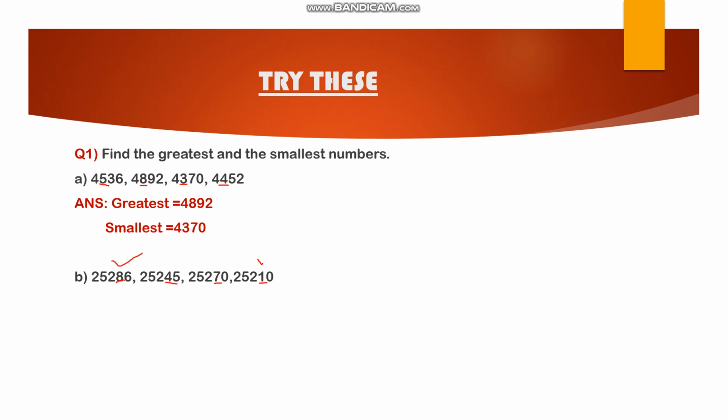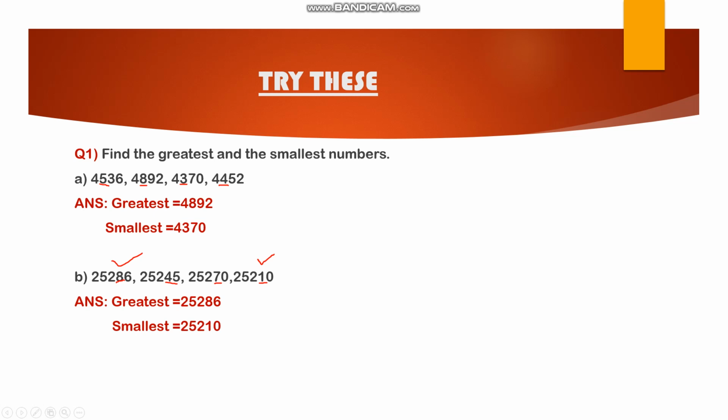Yes, 1 is smaller. So, we can find that 25,286 is the greater number and 25,210 is the smallest number. Got it, children? This is the way to compare the numbers and find the greatest and smallest one.